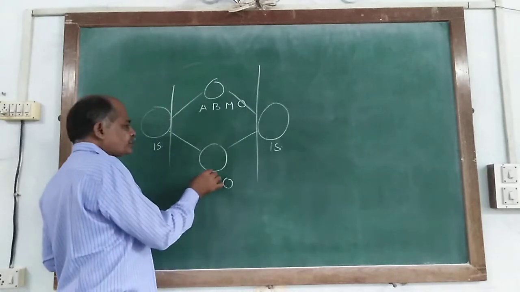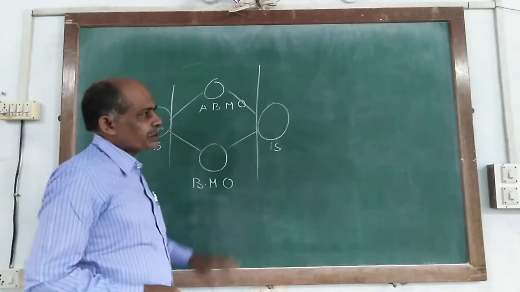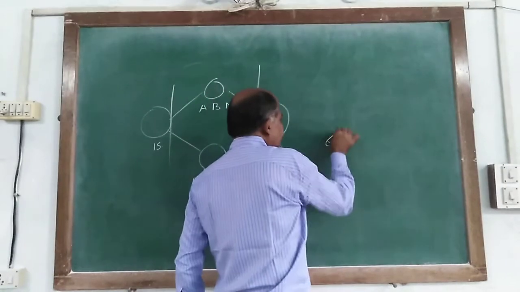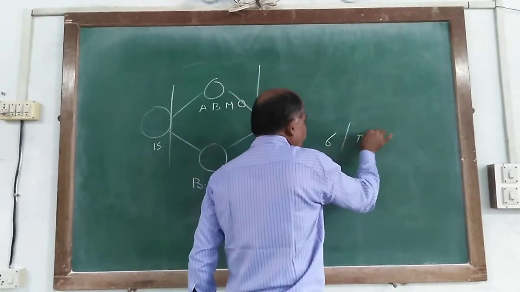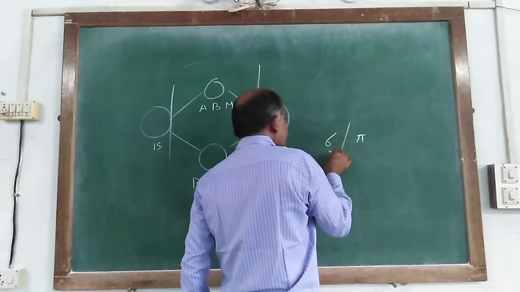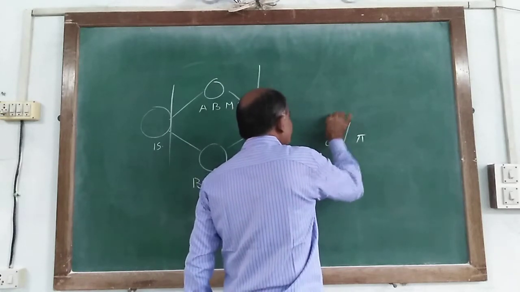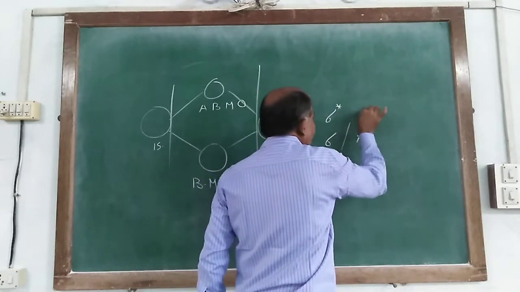And molecular orbitals are assigned as sigma and pi orbitals, or sigma star and pi star orbitals.